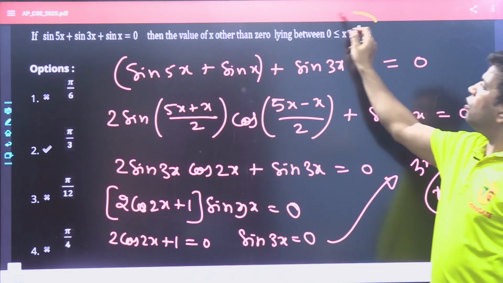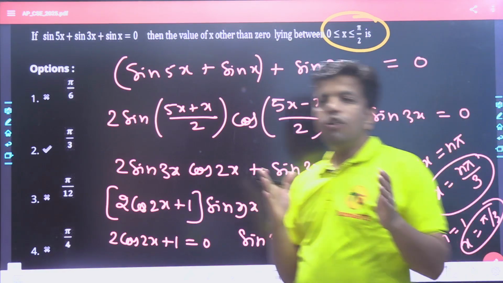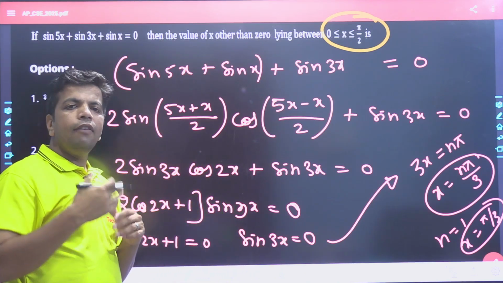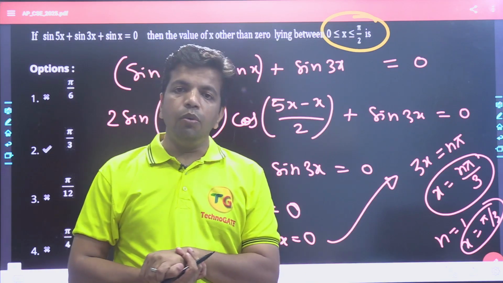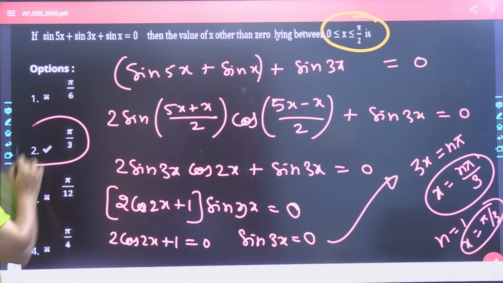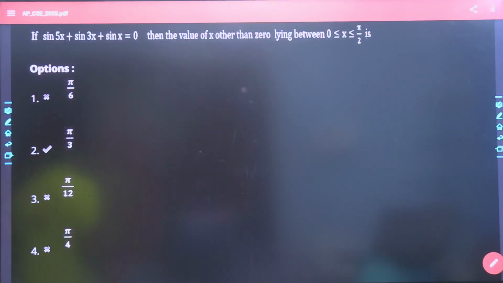Now we need to find the value between 0 and pi by 2. We can put any value of n, but for the range up to pi by 2, the value of n is equal to 1. Go with this: pi by 3 is the result.